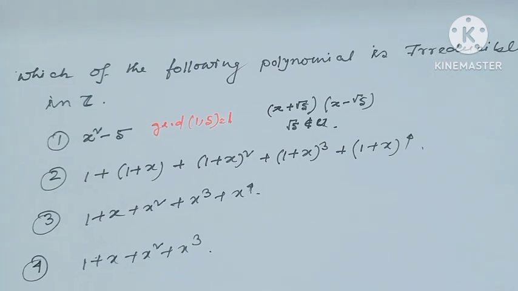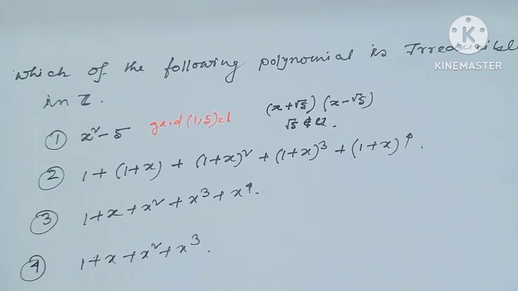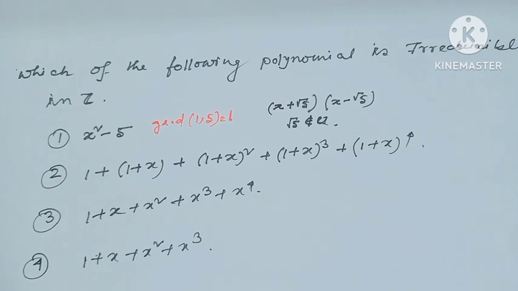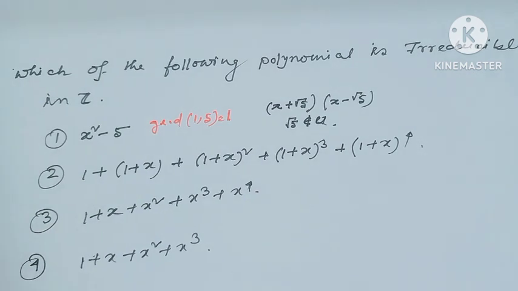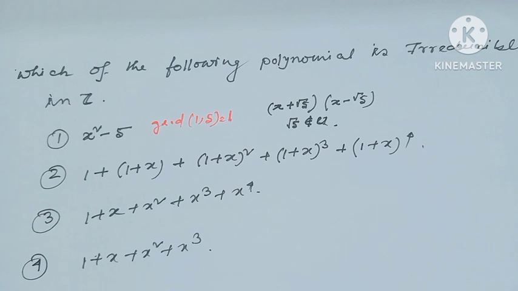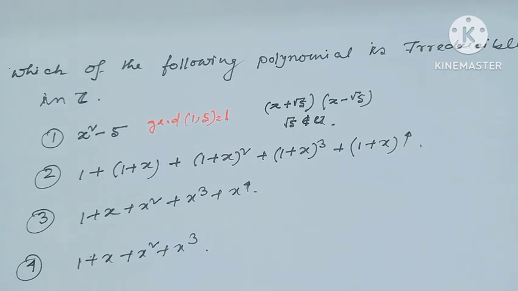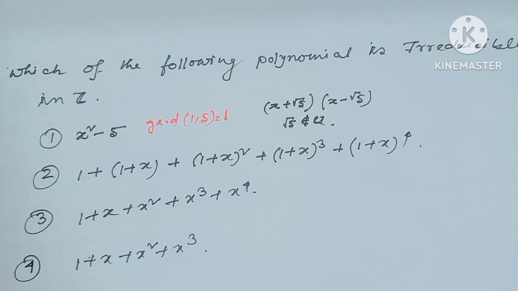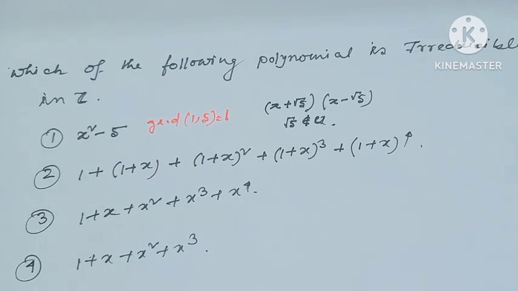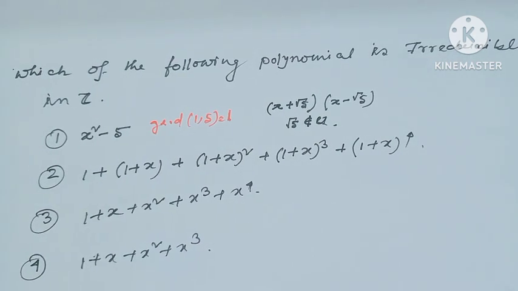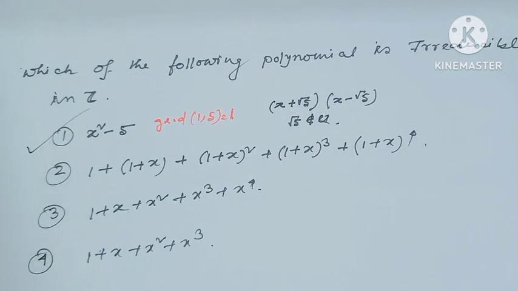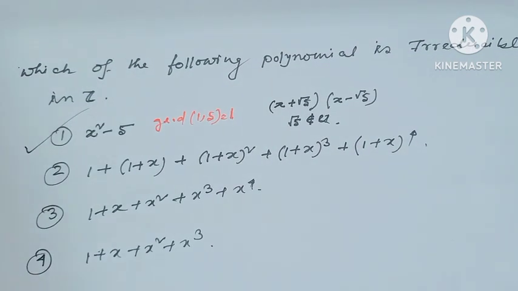That means in rational numbers this is irreducible, and since the polynomial is primitive, irreducibility over the rationals always implies irreducibility in integers. So this polynomial is irreducible in integers.